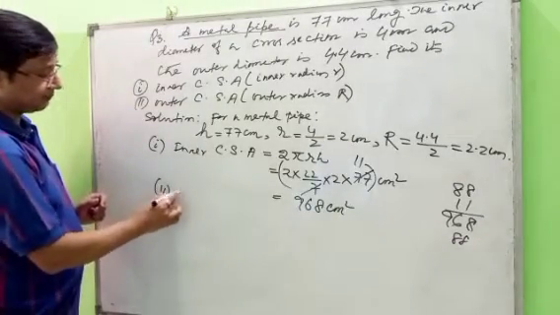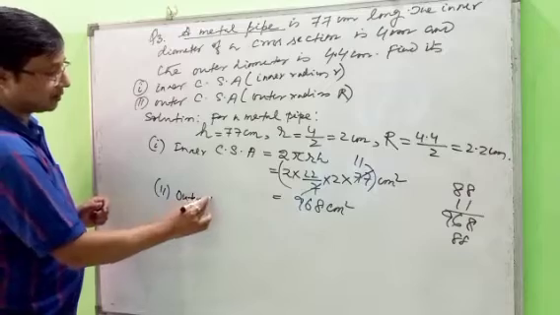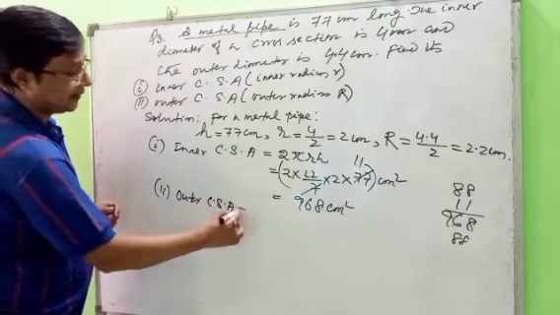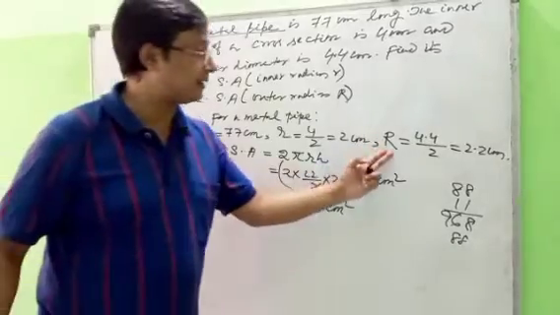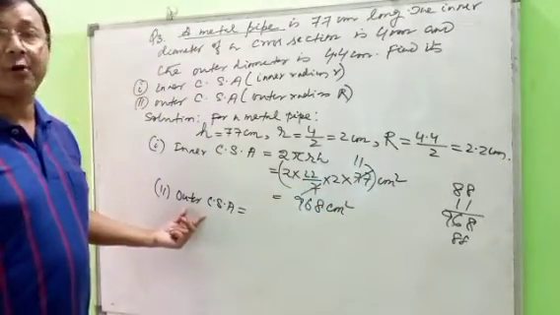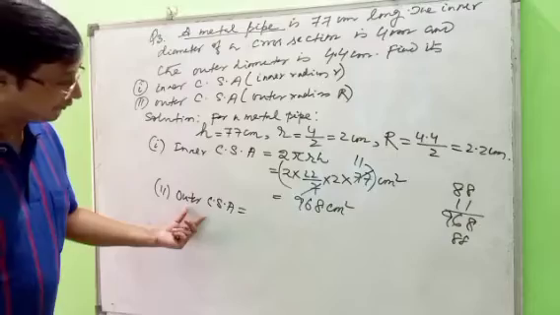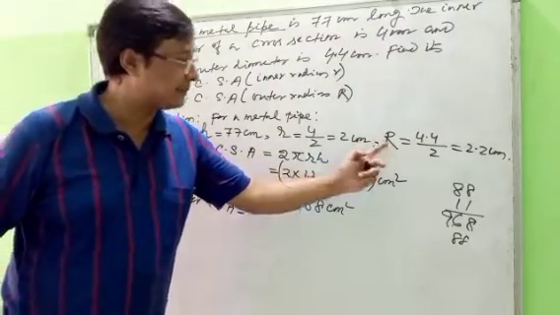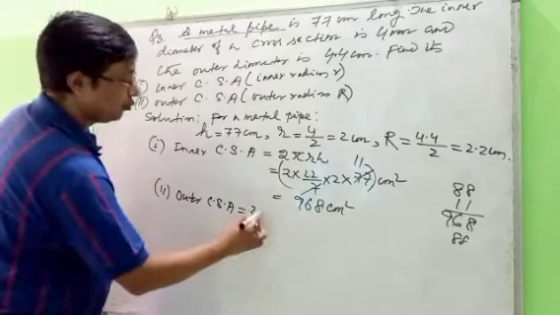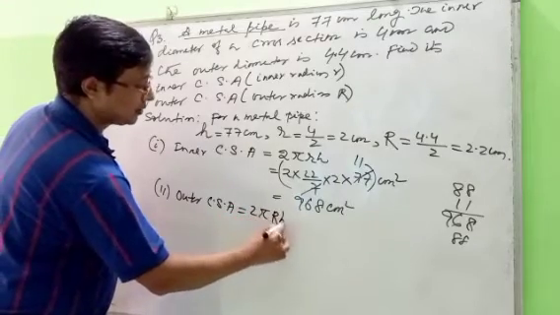Number 2, outer CSA. So outer curved surface area. So now here radius is going to be capital R because for the outer you have used the outer diameter and from that you have got the outer radius. So now the letter is capital. So it will be now 2 pi R h. Now you see.